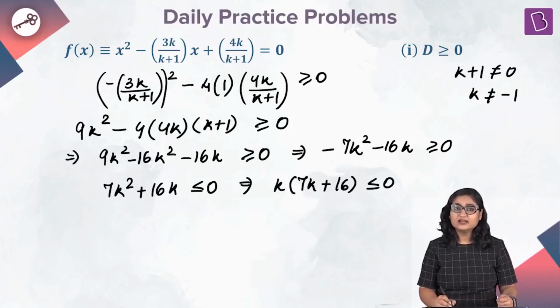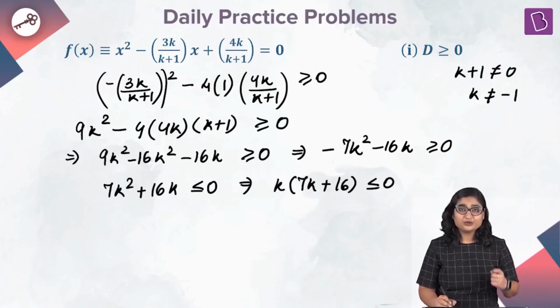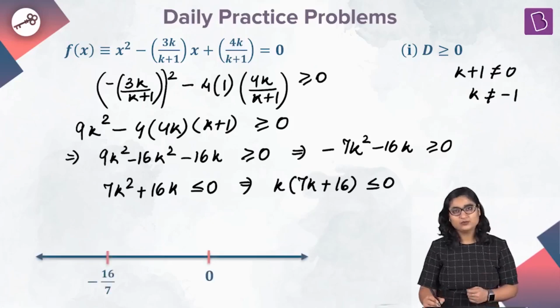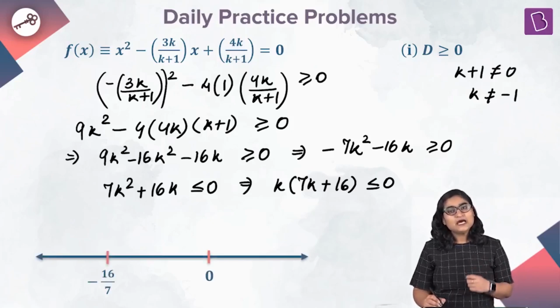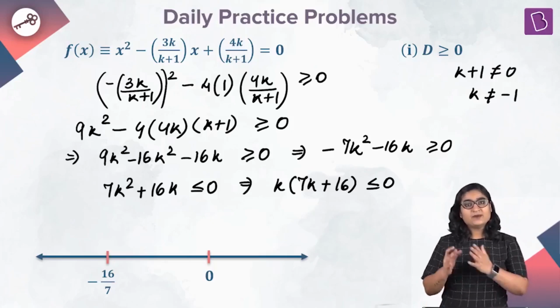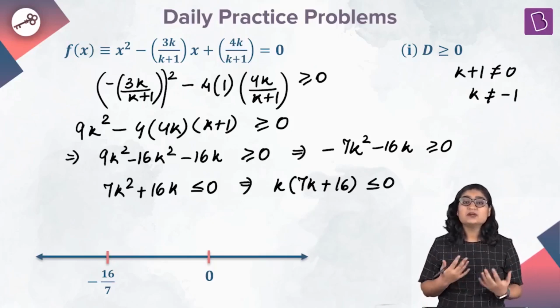How many factors are there? There are 2 factors. If there are 2 factors, there will be 2 critical points on the number line, and this is how it will look. Now, if I put any number greater than 0, say for example, k equal to 1 in the expression k multiplied by (7k plus 16), what I'll get is 1 multiplied by 7 plus 16, which is a number greater than 0.